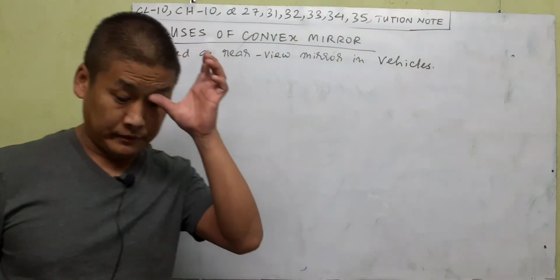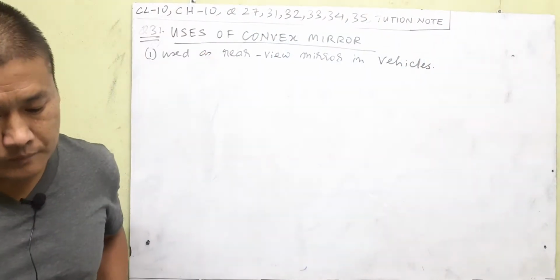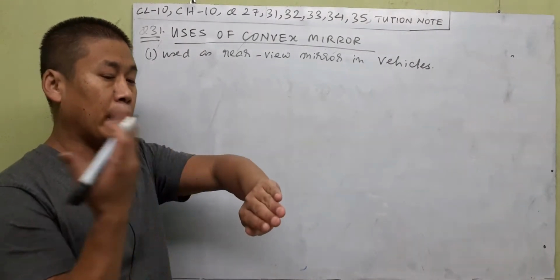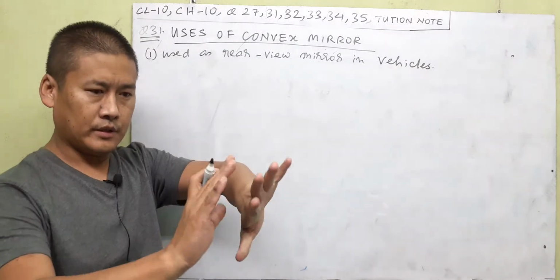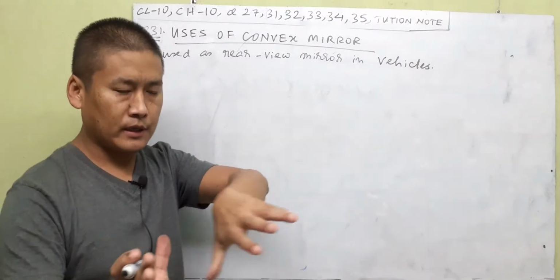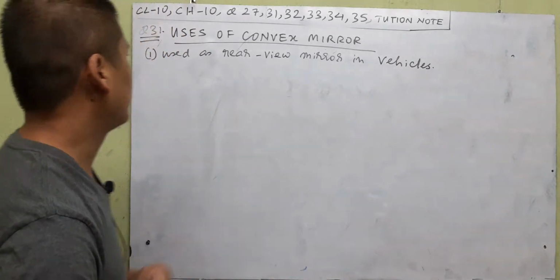It's the same meaning, right? Used as a vehicle mirror. It is the mirror that the driver uses to see the traffic behind him, so that he's able to see how many cars are coming behind him or from which angle. That is where it is used.